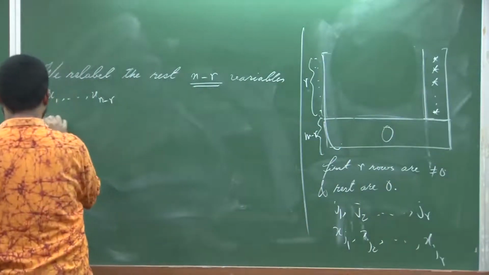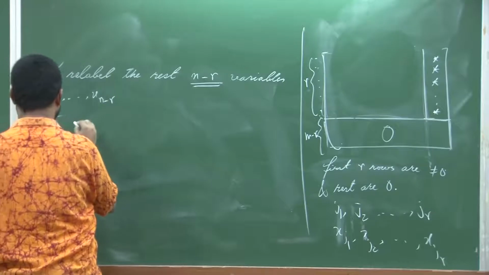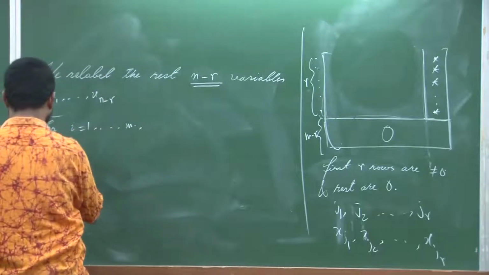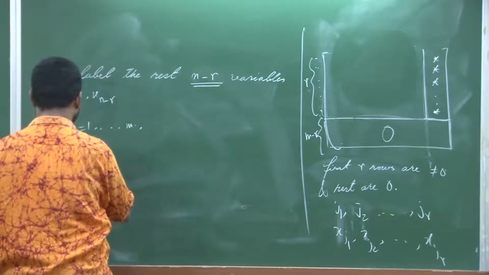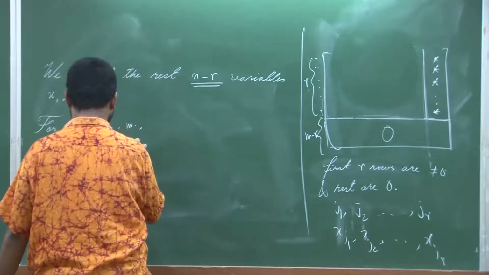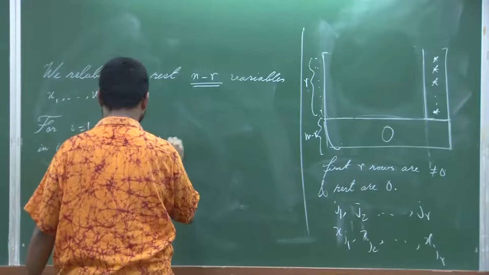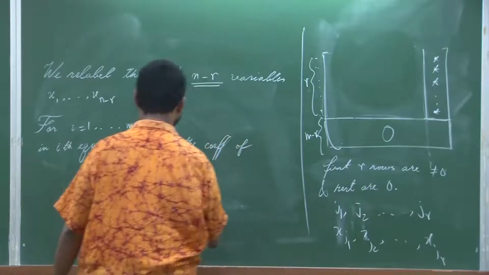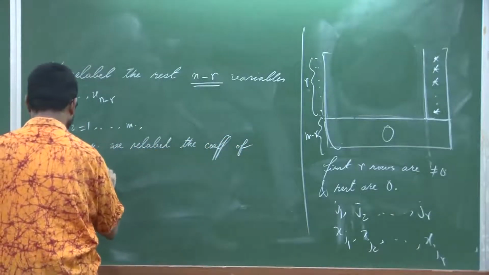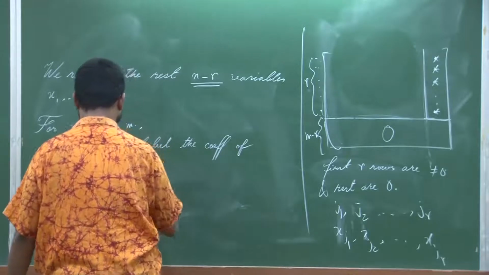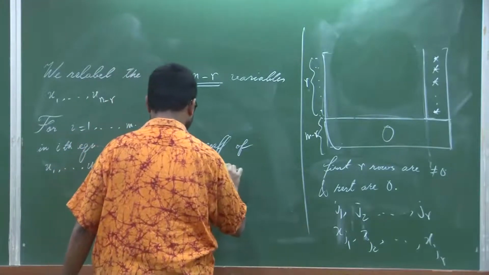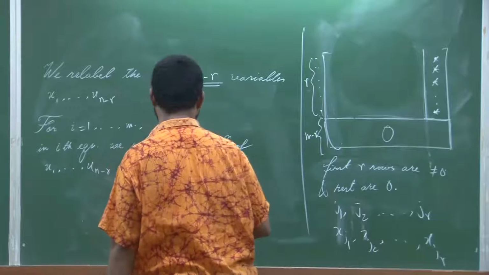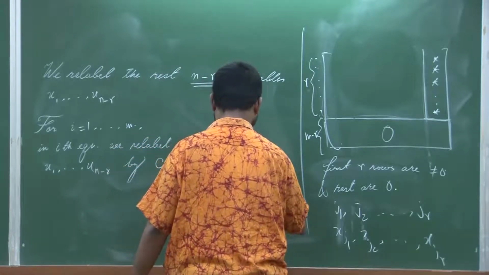For i from 1 up to m, in the ith equation, we relabel the coefficients of these variables u1 up to un minus r by Ci1 up to Ci n minus r respectively.